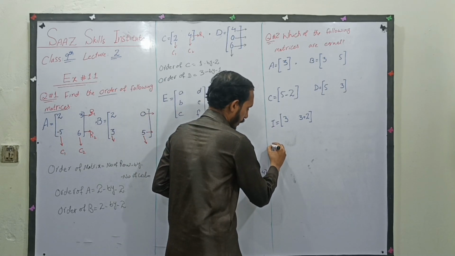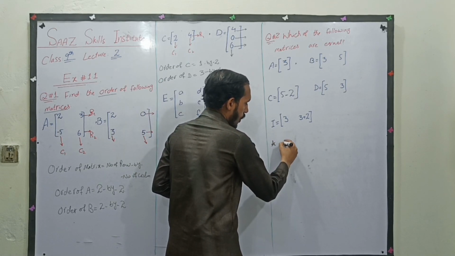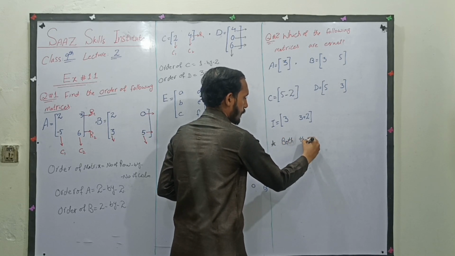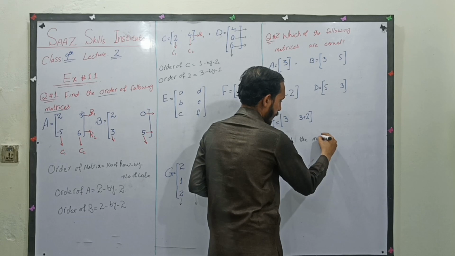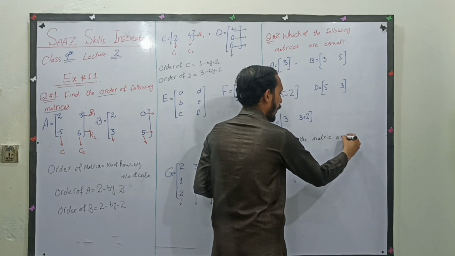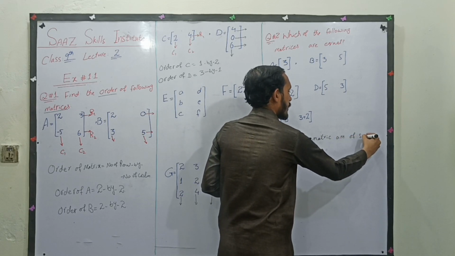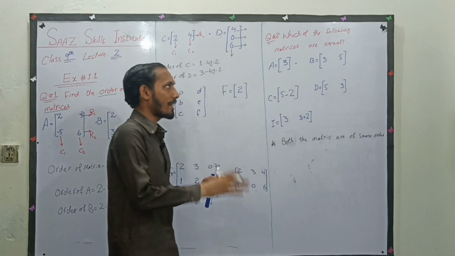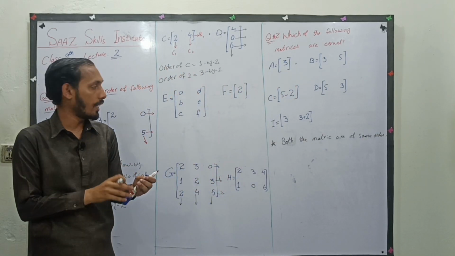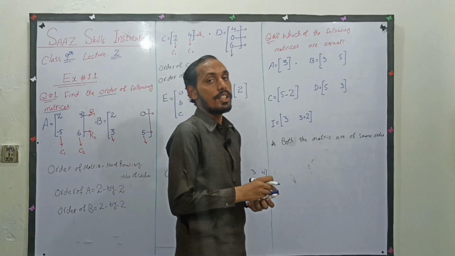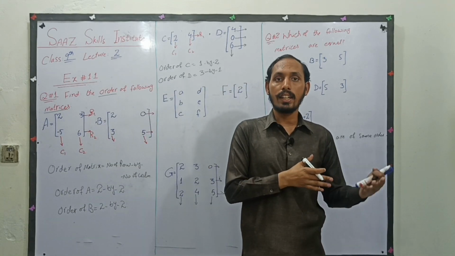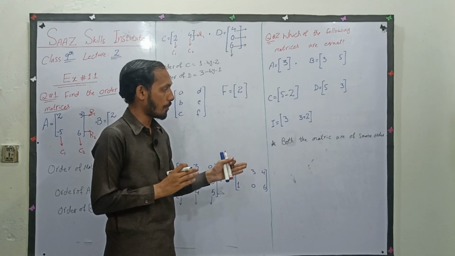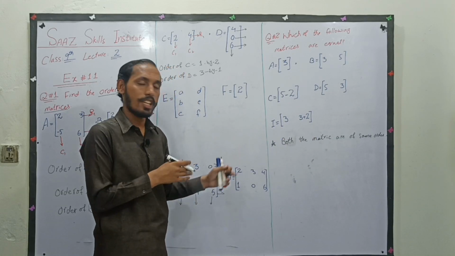The first condition is that both the given matrices are of same order. कि जो दो मैट्रिक्स जिनको आप इक्वल प्रूव करना चाहते हैं, जिनको आप चेक करना चाहते हैं कि ये दो मैट्रिक्स इक्वल हैं या नहीं, तो आपने चेक करना है कि both of the matrices are of same order, कि दोनों मैट्रिक्स का ऑर्डर एक जैसा होना चाहिए.